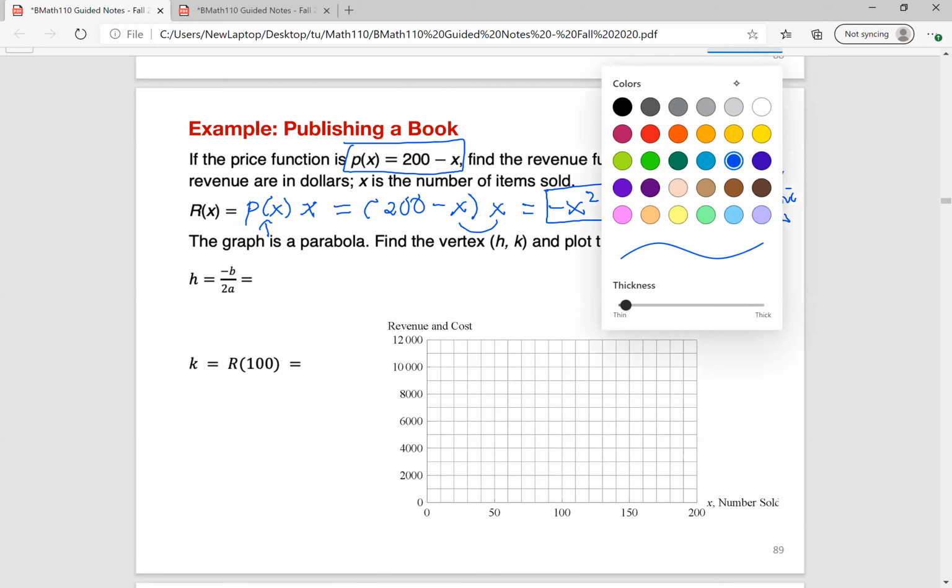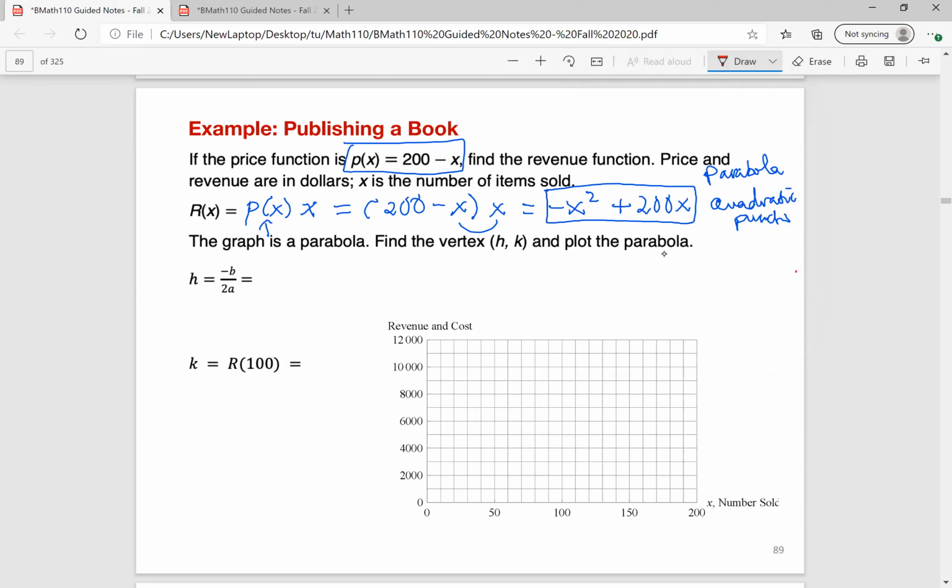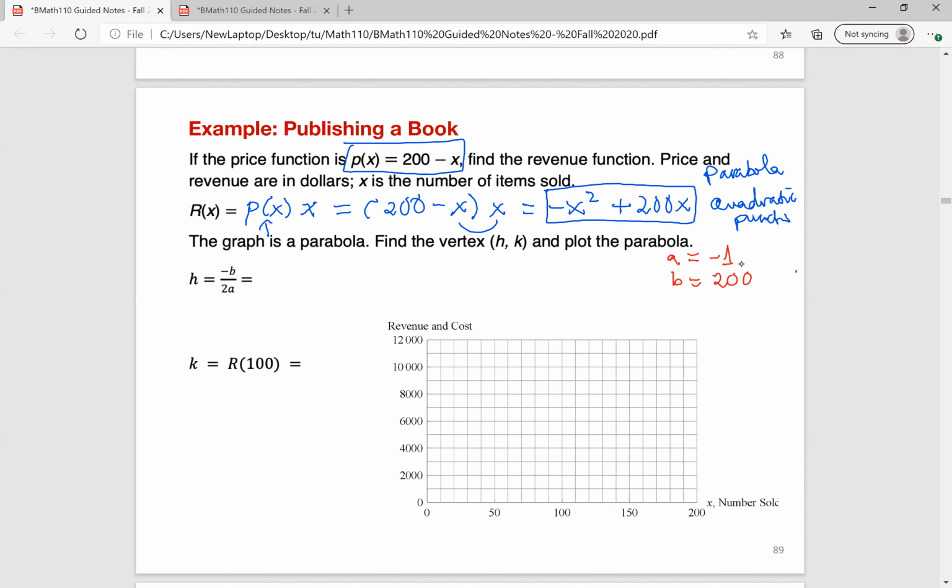Now in order to draw this quadratic function, you need to list what a is. A in here equals -1. B in here is 200. And C in here equals 0, but I don't care about that. I want to have the vertex, which is h comma k.